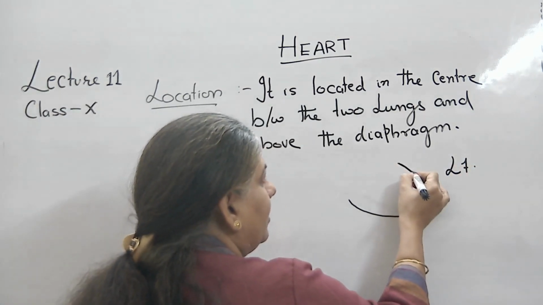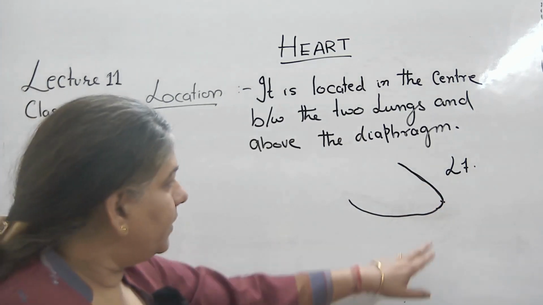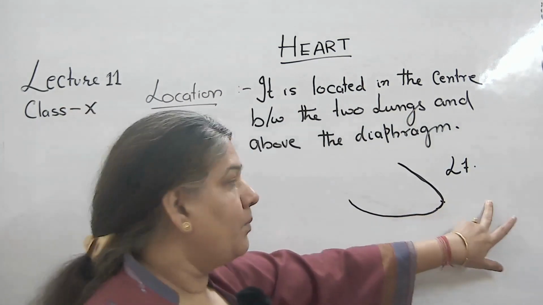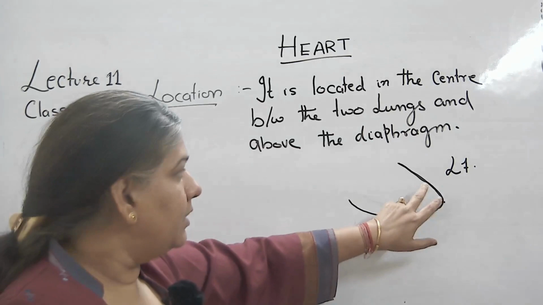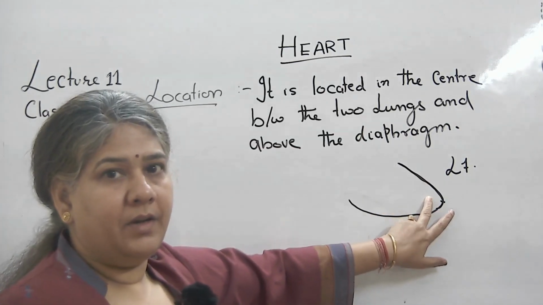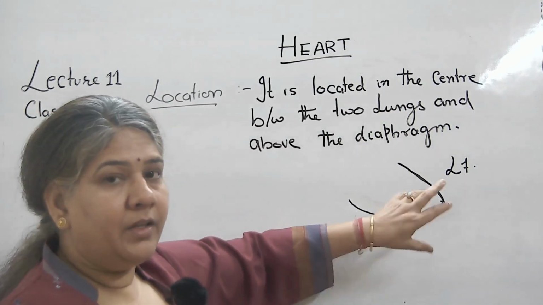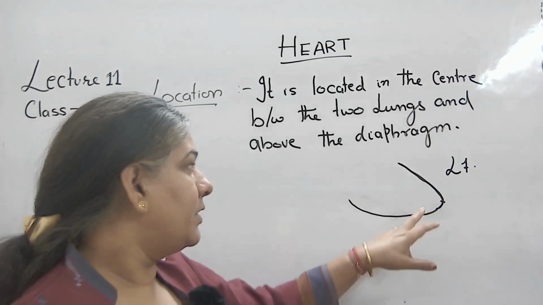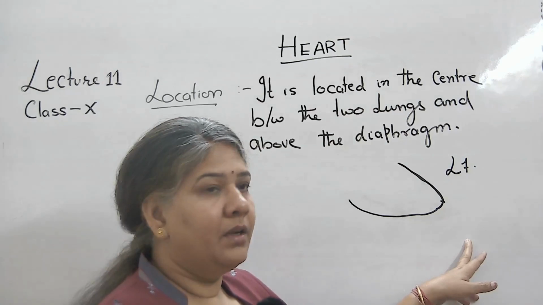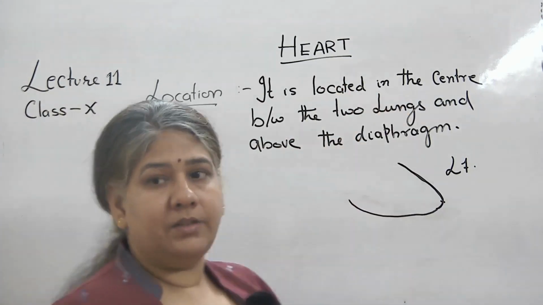So this pointed end or the left end of the heart is tilted towards the left side. And during the working, this portion of the heart shows maximum contraction, left side. So when the heart is working, we feel this contraction, and that makes us feel that heart is located left side of the body. But it is not so. It is located in the center between the lungs and the diaphragm.